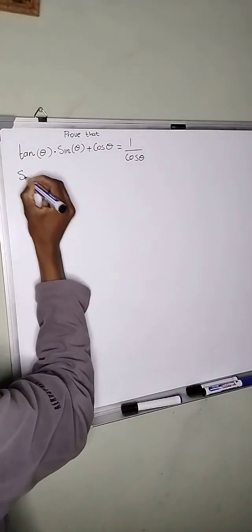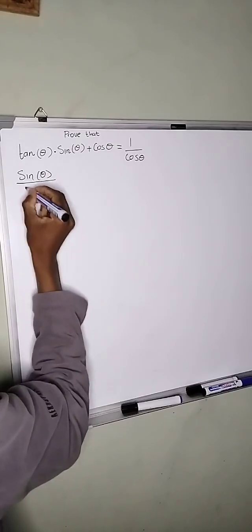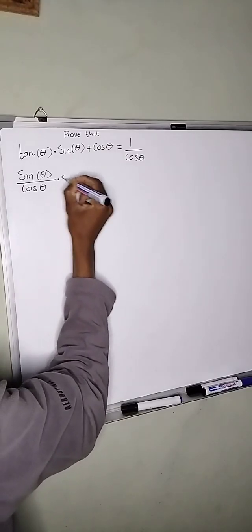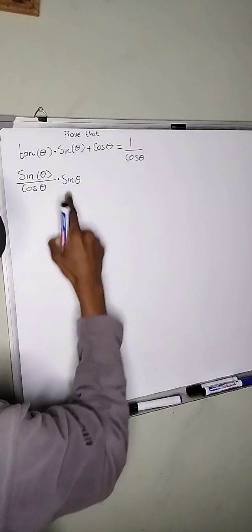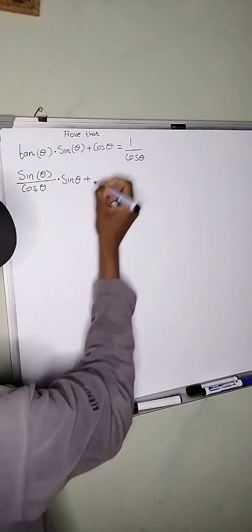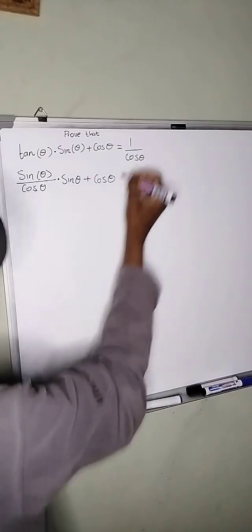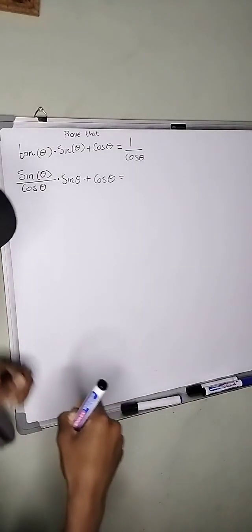So I'm going to have sine theta over cos theta multiplied by sine theta, plus cos theta, still equals to the right hand side, right?